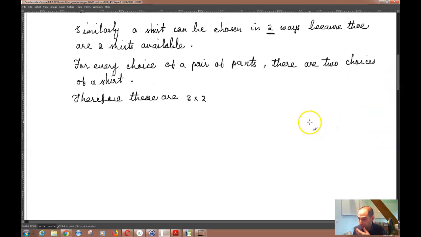Okay, so now to understand this a little bit better, what we can do is that we can call these pants and shirts P1, P2, P3, S1 and S2, for example, as we did before.